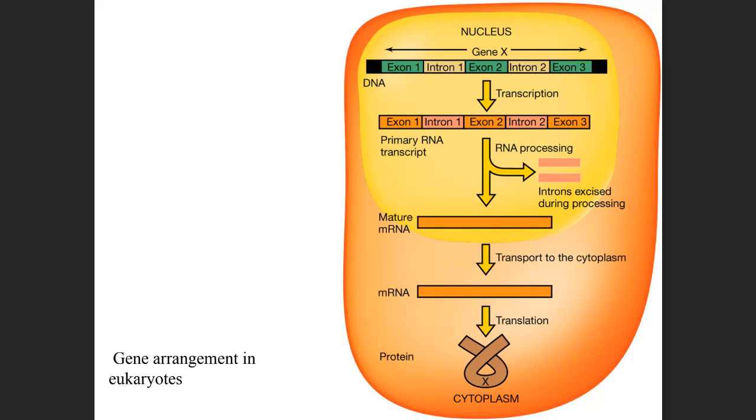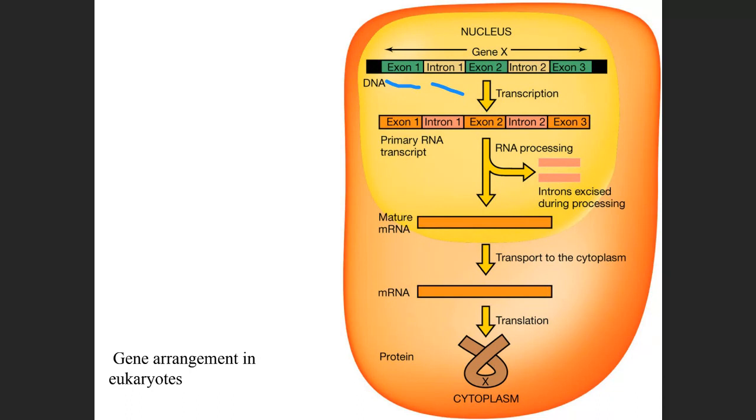But for the eukaryotes, that is a little bit more complicated. So a gene is actually interrupted with intron and exon. So I'm sure you already know this. And you have exon and you have intron. And the introns are not expressed because when it's first transcribed, you have a primary RNA, and then the RNA gets processed, all the intron gets removed.